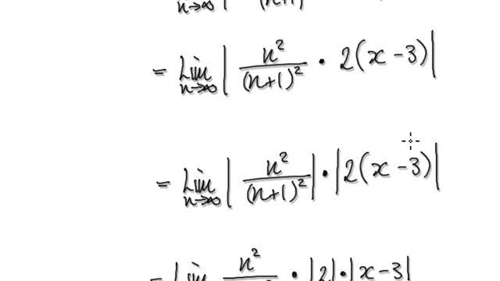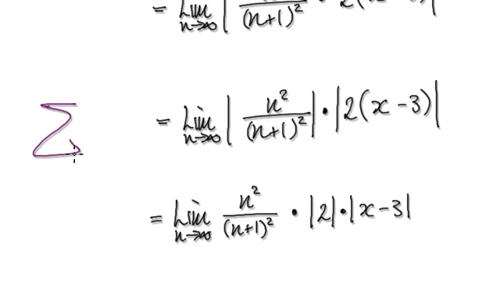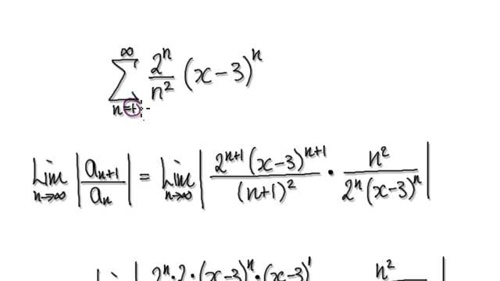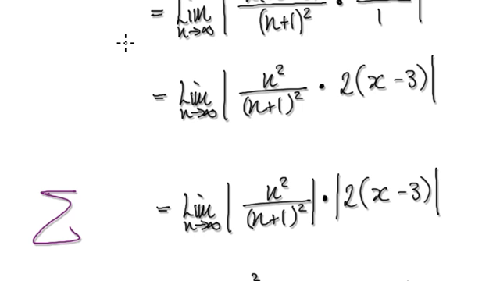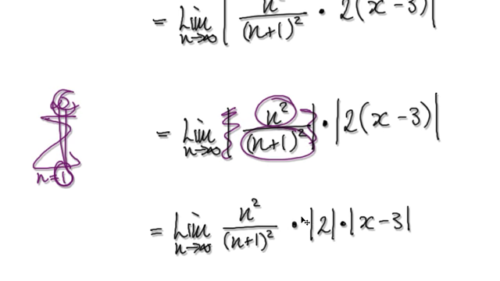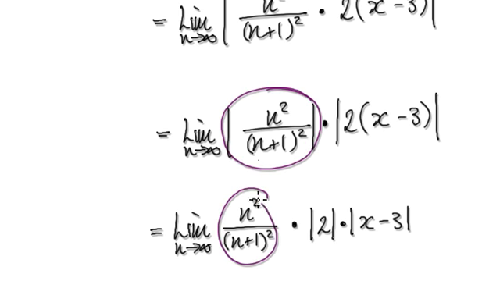Then, if you look at this, n is always moving from 1 to infinity. So n is always positive, and if n is always positive, then n squared will be positive. This thing here will be positive, so you don't really need the absolute value here. You can discard this absolute value, so this whole thing here will then become this.